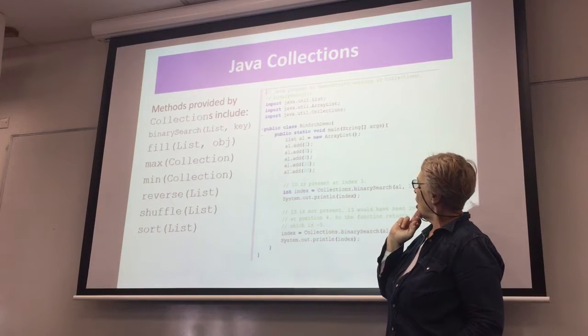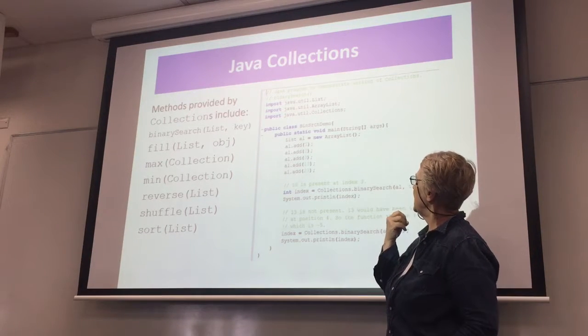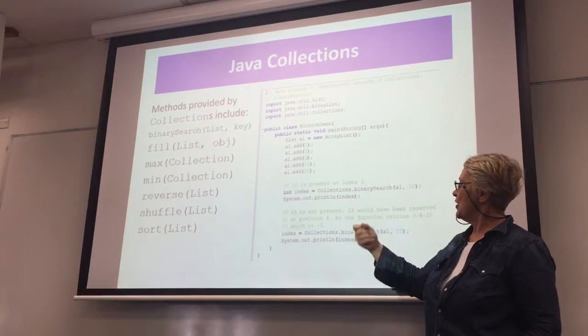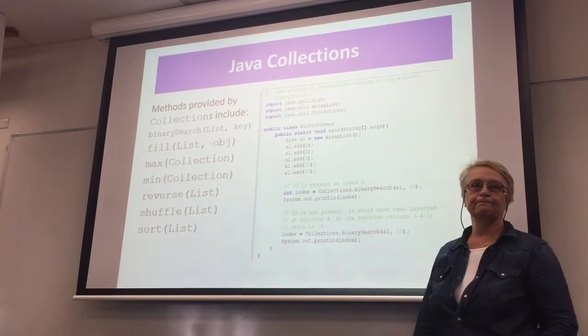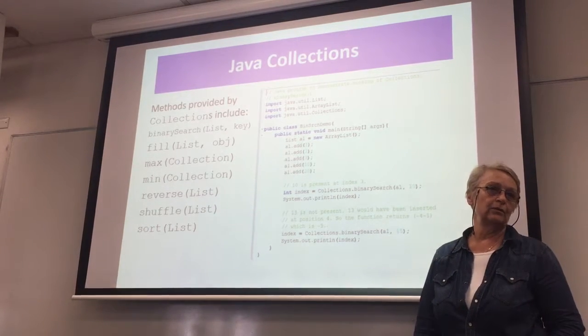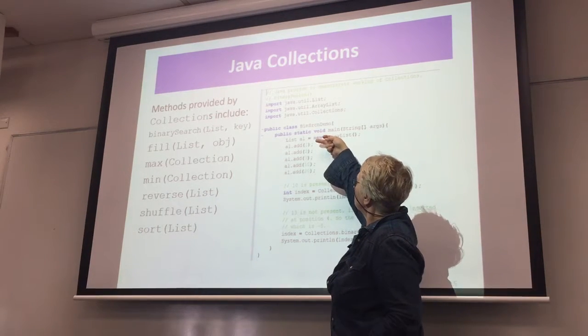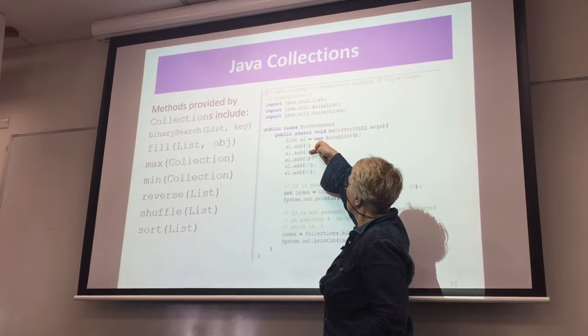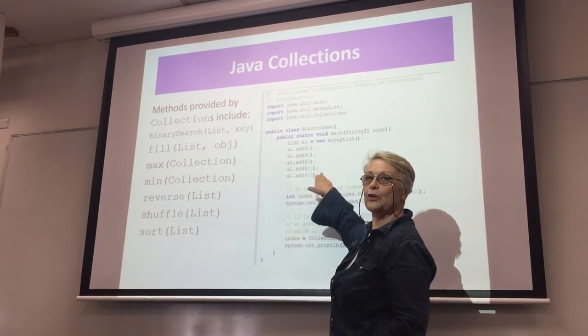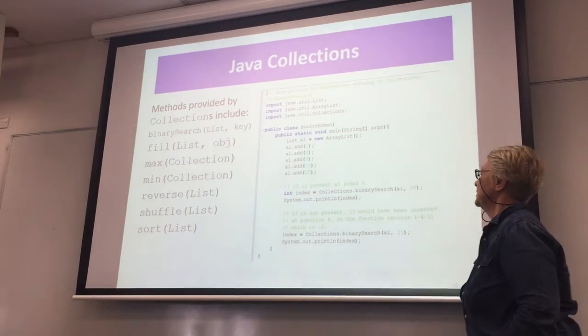Normally, if that element is there, you can print where it's found. And notice that all counting starts with 0, 1, 2, 3. You get the value 3 out.